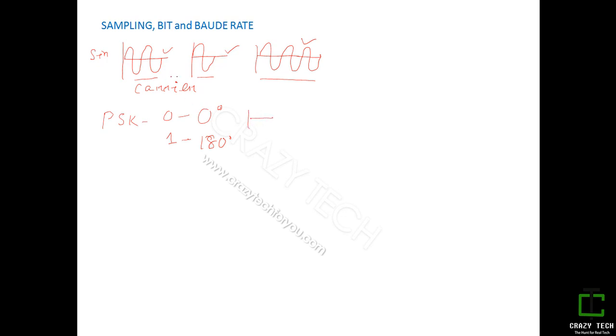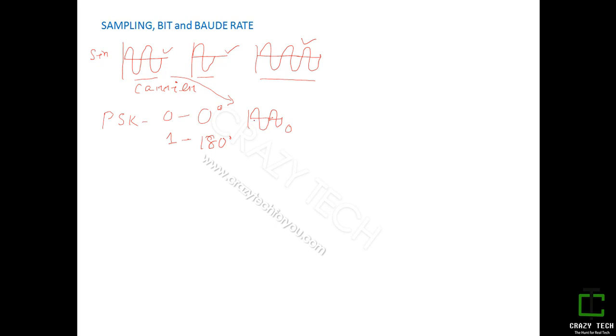So let's say I am considering this symbol. You may consider this symbol also of any symbol, but a full complete cycle of sinusoidal wave. So this is the one symbol present, bit 0.